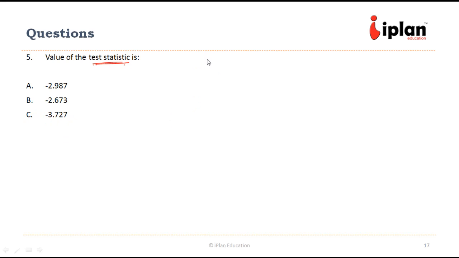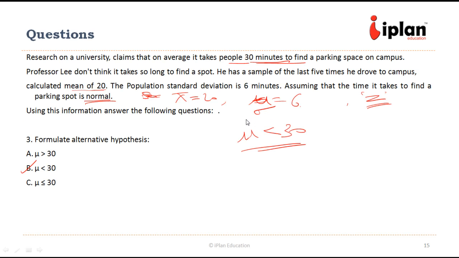The value of the test statistic. So the value of test statistic will be x bar minus mu divided by sigma by root n, which is the standard error. So in this question, let us see these values. X bar is given to be 20, sigma is 6, mu is 30. He has taken a sample of last 5 times he drove to the campus.